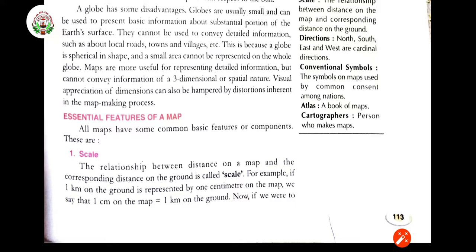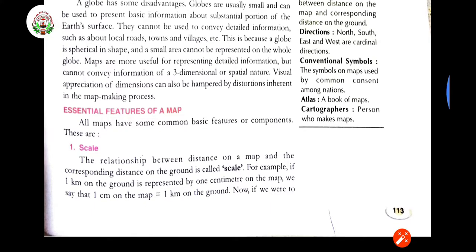A small scale we are having. It is being distributed in centimeters like that, right? In the same manner, scale is being used. Now, what is scale? The relationship between distance on a map and the corresponding distance on the ground is called scale, right?